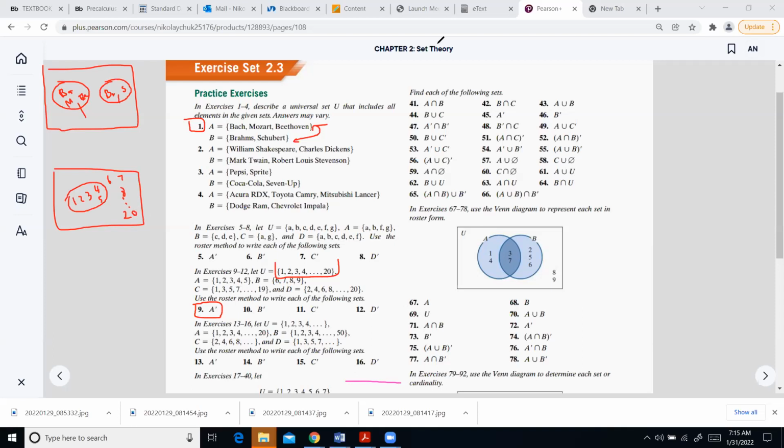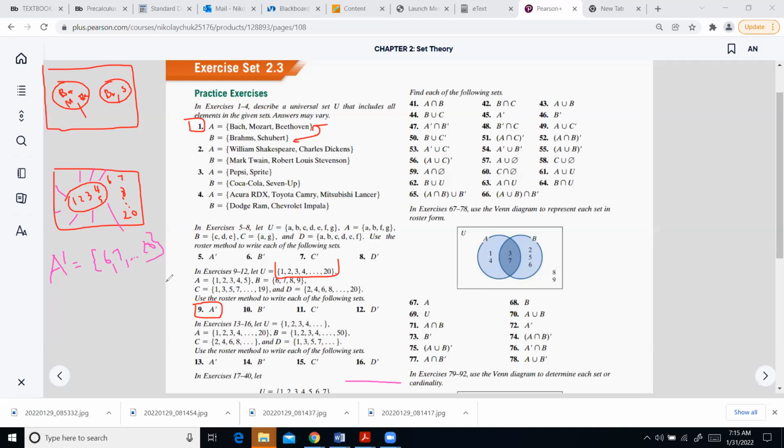So if someone wants to find the complement, or whatever is not in set A, then what you do is have all of these remaining elements that start at 6 and go to 20 in that particular set.